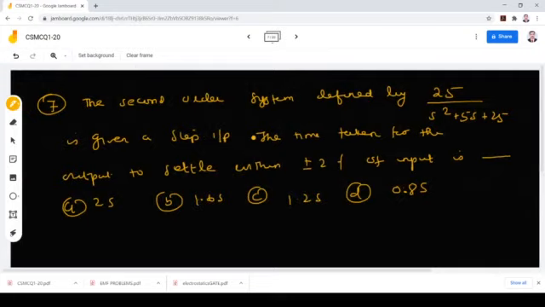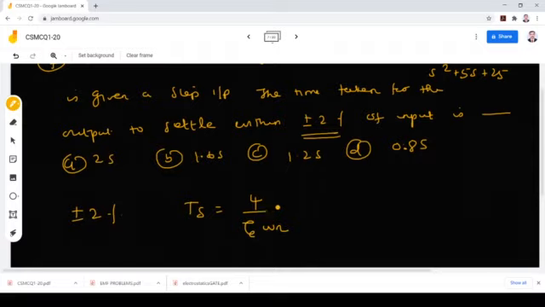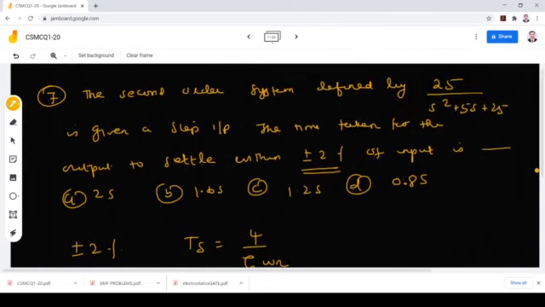Next, the second order system is defined by 25 divided by s square plus 5s plus 25, given a step input. The time taken for the output to settle within plus or minus 2% of input. So settling time with the tolerance limit plus or minus 2% is given by 4 by zeta omega n. For 2% it is 4, for 3% it is 5. So I want zeta omega n.